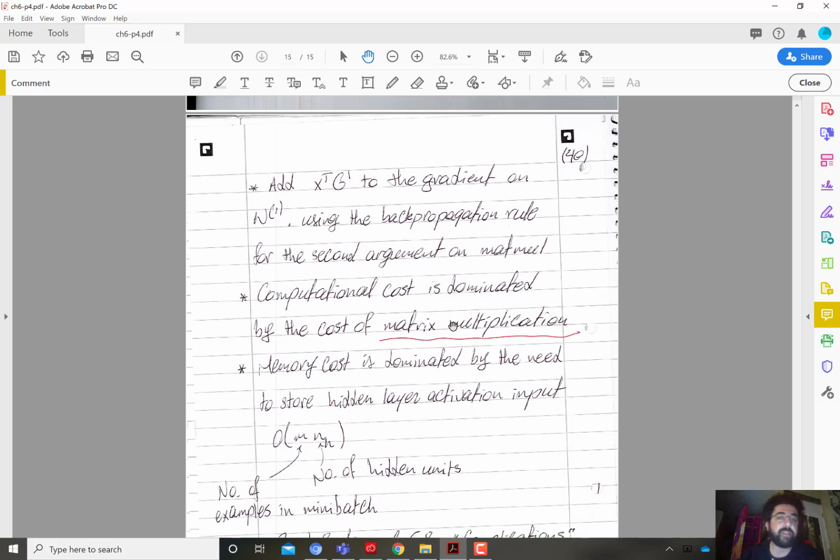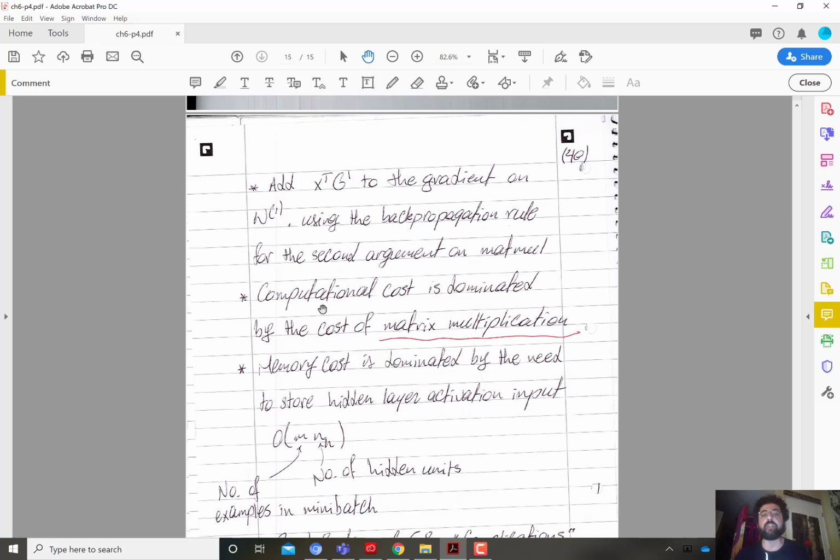This is one of the reasons why you see GPUs very useful in deep learning training. GPUs are graphical processing units, and matrix multiplication is a very common operation in rendering graphics. So all these GPUs were originally designed for parallelizing matrix multiplications.